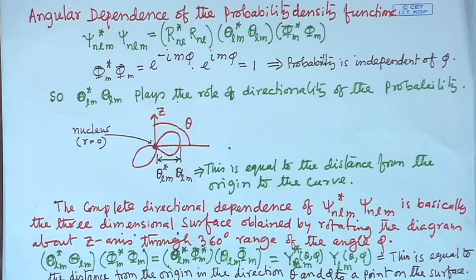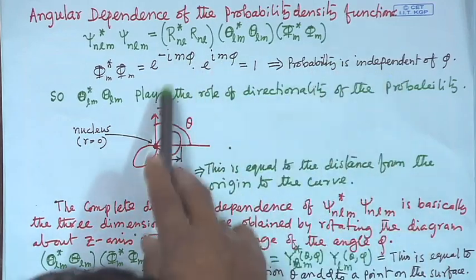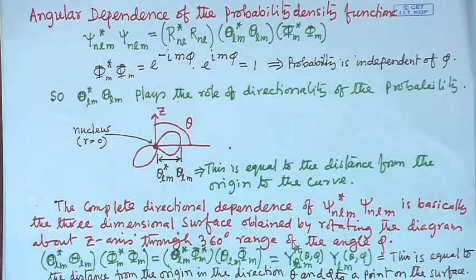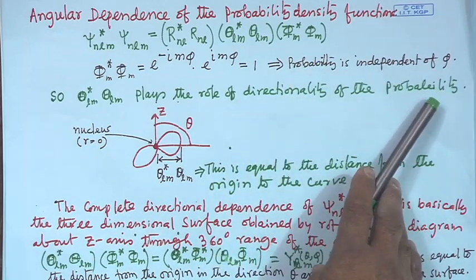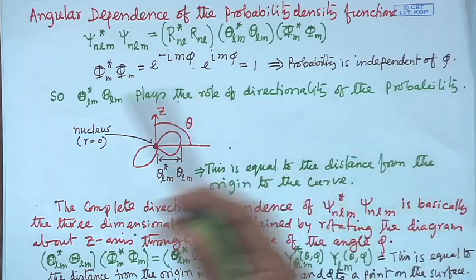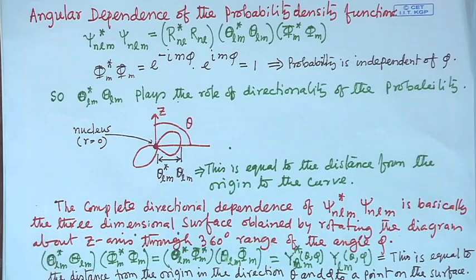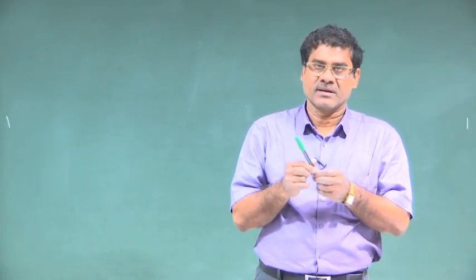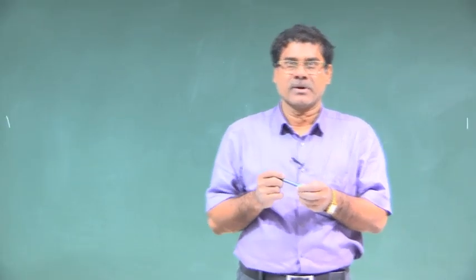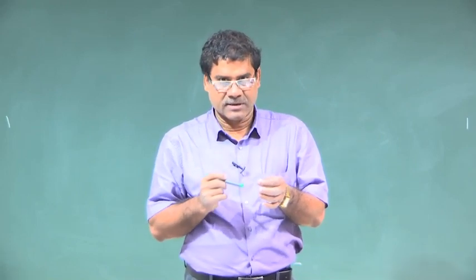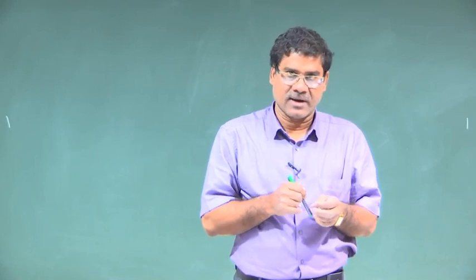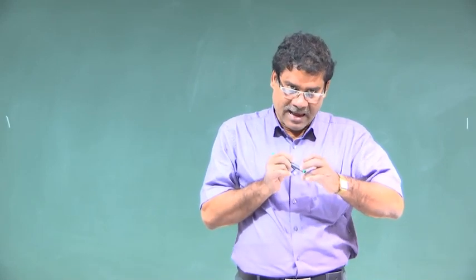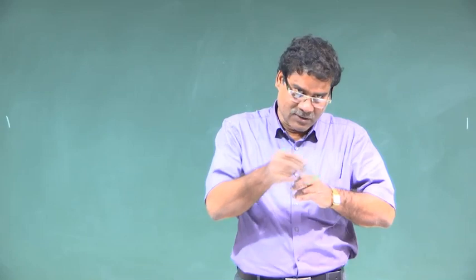So, it is independent of phi. Which angle is phi? The phi angle is what you get if you take the projection of r on the xy plane. That projection makes an angle with the x axis, and that is phi.